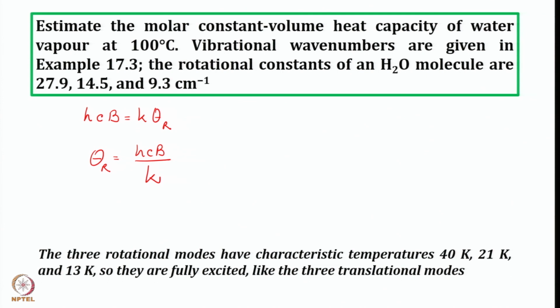And now, if you look at the rotational constants given, 27.9, 14.5, 9.3. What I will do is, I will first calculate the rotational temperature for the highest rotational constant, because if the characteristic rotational temperature corresponding to the highest rotational constant is much lower than the experimental temperature, then the other two rotational constants are automatically covered.